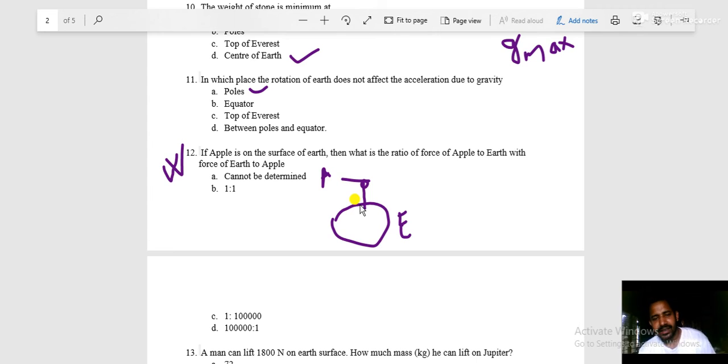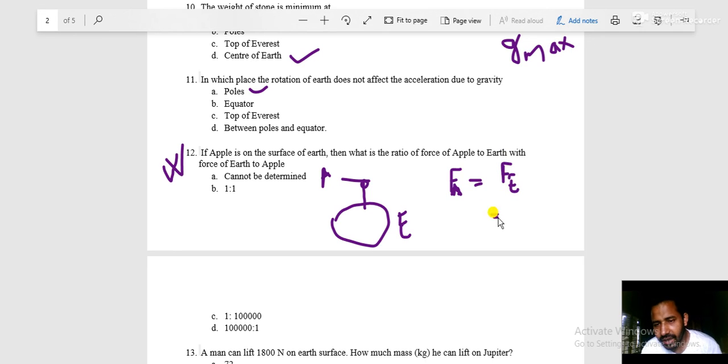So for that case, what do you think about the force by apple on earth? I'm writing F_AE. It means that the force given by the apple on the earth equals the force given by the earth on the apple.